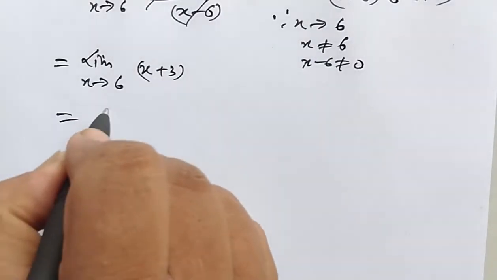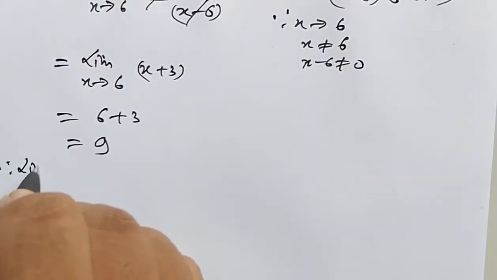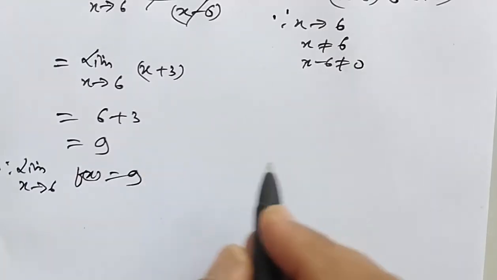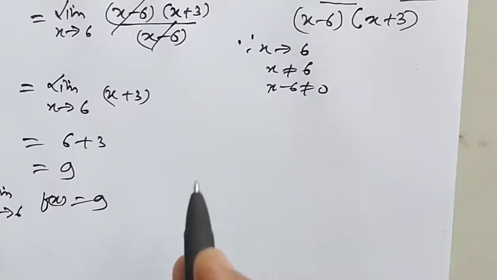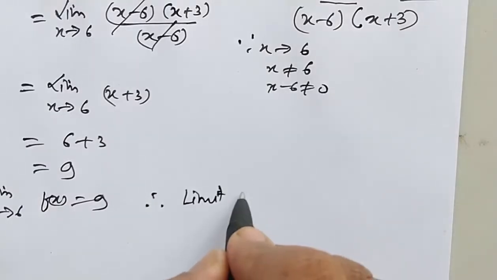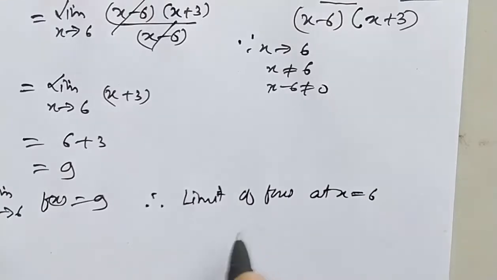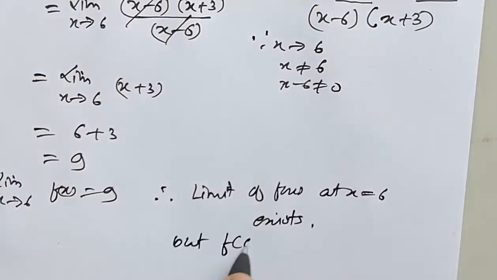Putting x is equal to 6, 6 plus 3 is equal to 9. Therefore, limit x tends to 6 of f of x is equal to 9. Therefore, the limit exists. The limit of f of x at x is equal to 6 exists, but f of 6 is not defined.